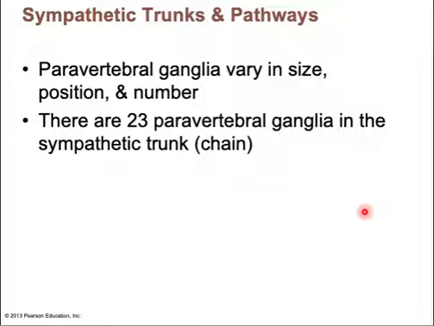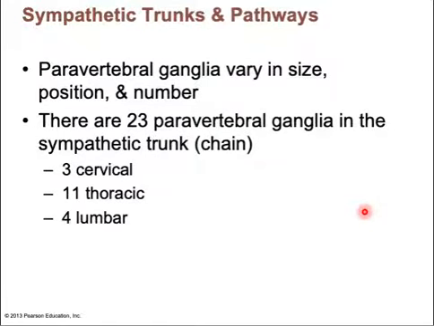The paravertebral ganglia vary in size, position, and number, and there's a total of 23. There are 3 cervical, 11 thoracic, 4 lumbar, and 4 sacral, with 1 coccygeal. Remember that the ganglia can span a lot greater length along the vertebral column than the preganglionic neurons can, because the paravertebral ganglia actually extend above T1 and below L2.